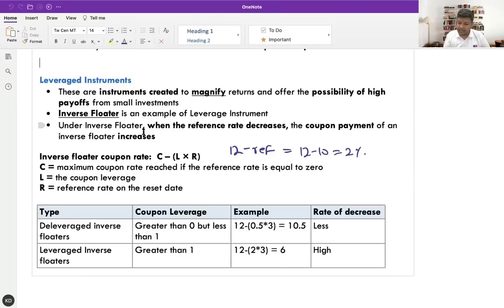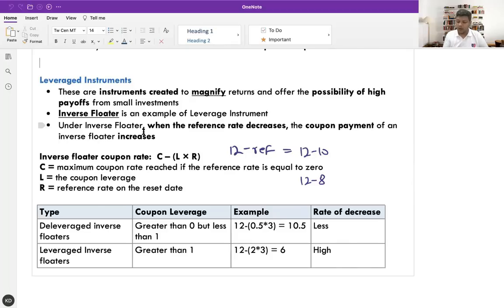But if the reference rate goes down, let's say to 8%, I'll get more coupon, I'll get 4%, isn't it? Correct.